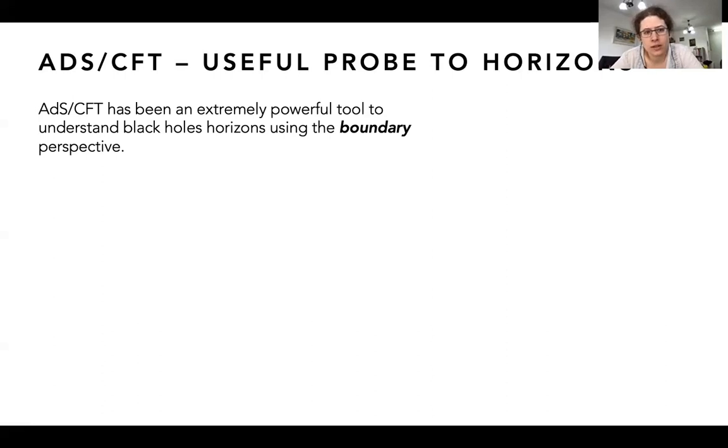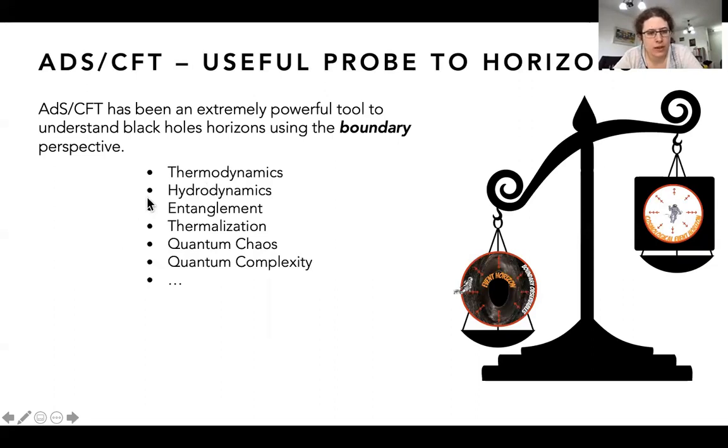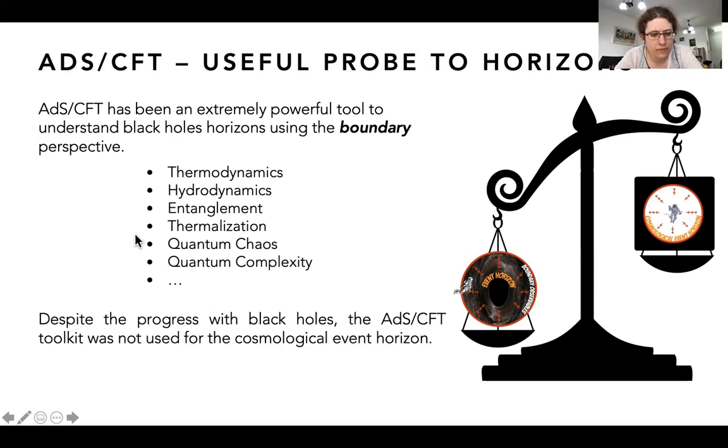We know that AdS/CFT has been an extremely powerful tool to understand black hole horizons using the boundary perspective. And this has been done using many aspects of it, including thermodynamics, hydrodynamics, entanglement entropy, thermalization, quantum chaos, and more recently, quantum computational complexity.